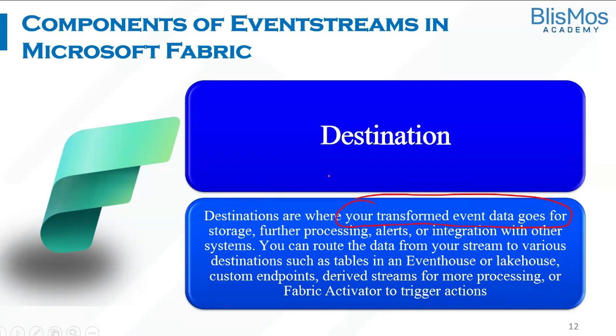When you talk about real-time data processing, you have a source from which the data is coming, then transformation where the data is getting transformed, then the destination where the data is going, maybe for storage, further processing, alerts, or integration with other systems. We'll discuss the different aspects of the destination again.